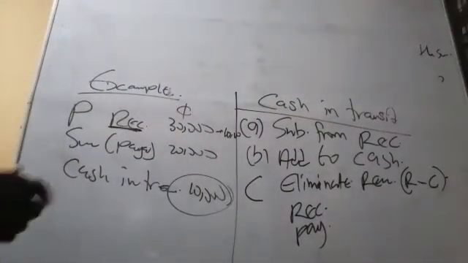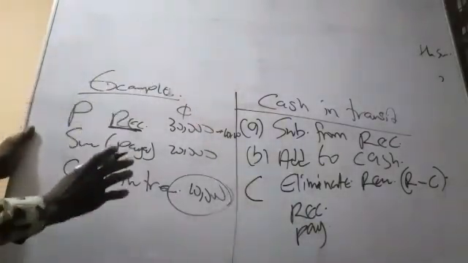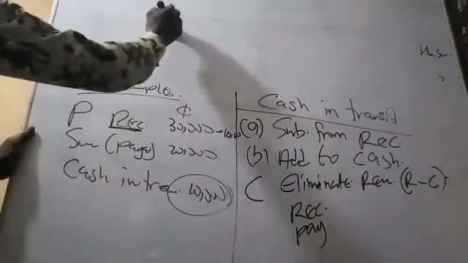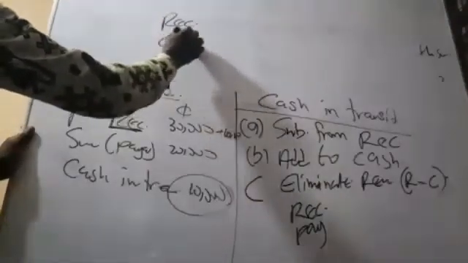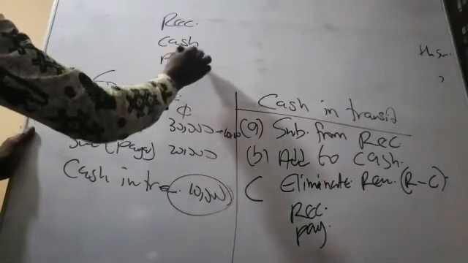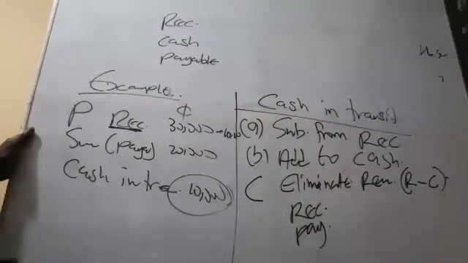Now, in the consolidation, when there's cash in transit, it affects three items: the receivable figure, cash, and the payable. This is the consolidated payable.